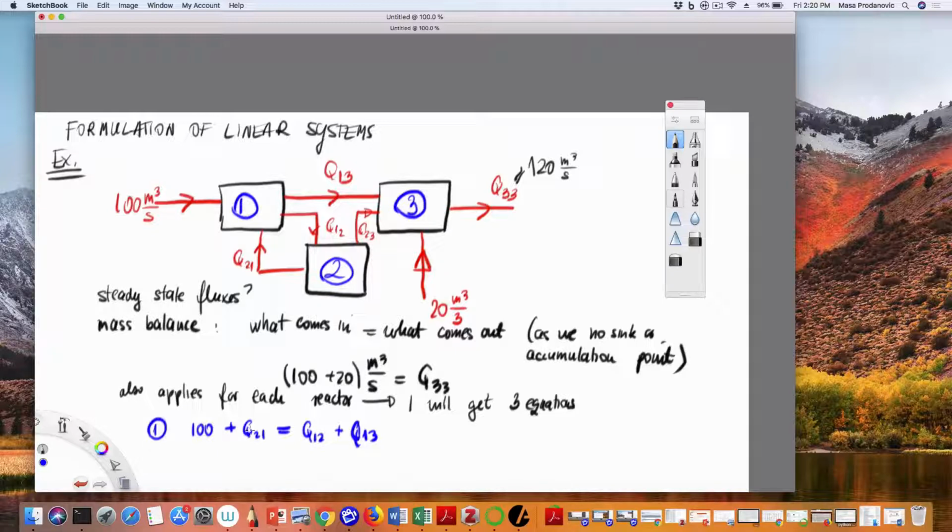Okay. Now, what about my number 2? Number 2 says that what comes in, which one comes in? This one over here. So Q12, what comes out? Q21 and Q23.